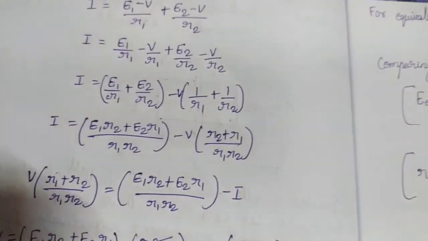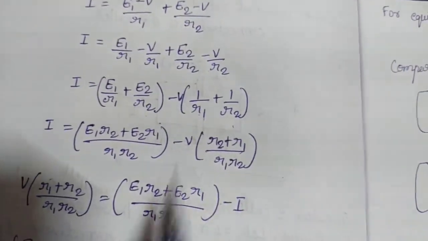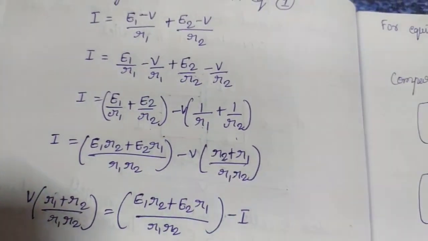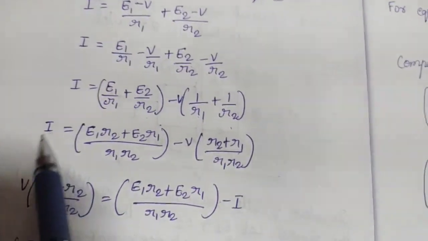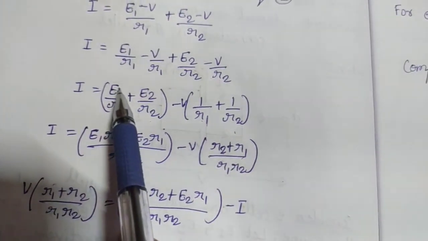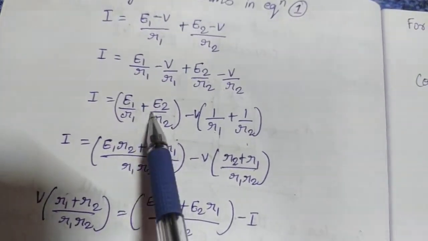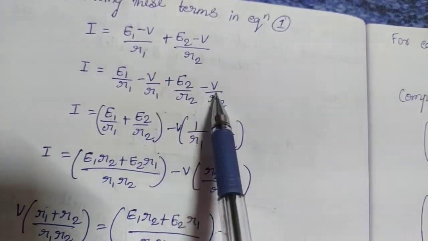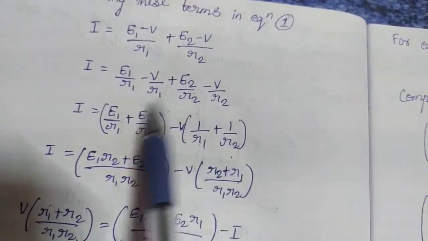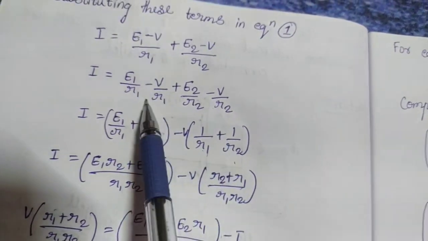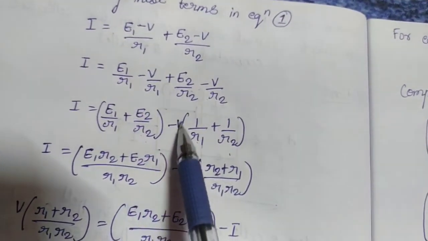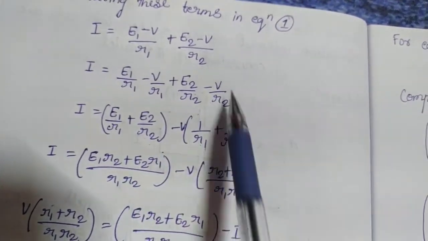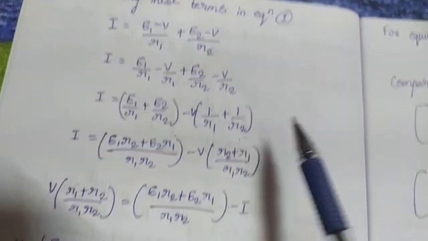Now we will segregate: EMF on one side and voltage on the other. I equals E1 divided by R1 plus E2 divided by R2. Here I am taking minus V as common, since both terms have minus V. After taking minus V common, what remains is 1 by R1 plus 1 by R2.